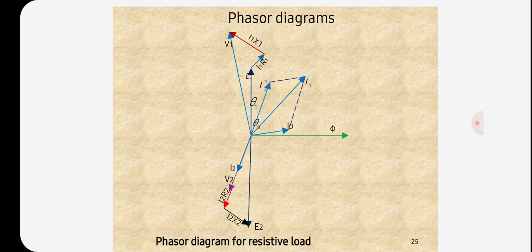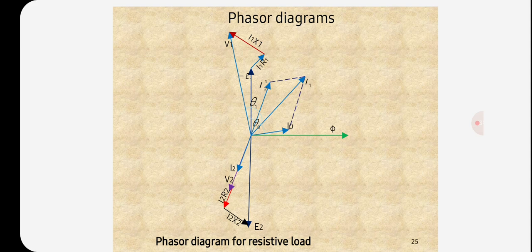That is the resultant of V1. In the secondary side, for E2 we have I2 R2. The I2 R2 is parallel to I2, and I2 dash is in the opposite direction to I2, and I2 X2 is perpendicular to I2 R2.